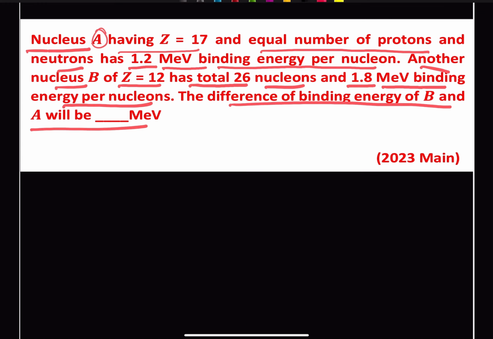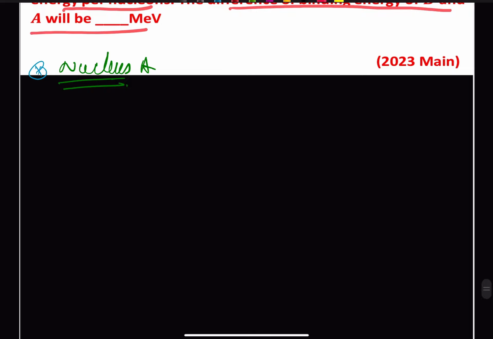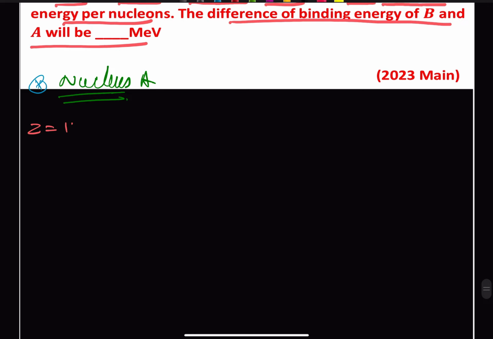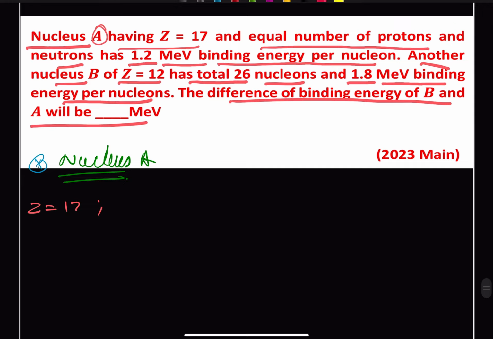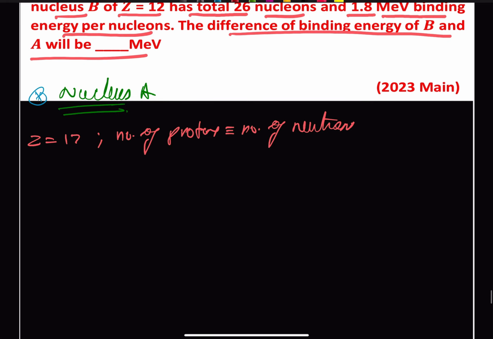Okay, let's start with A. For nucleus A, we are given that our Z is equal to 17, and it also states that number of protons is equal to number of neutrons, and therefore we can say that number of neutrons will be equal to 17.